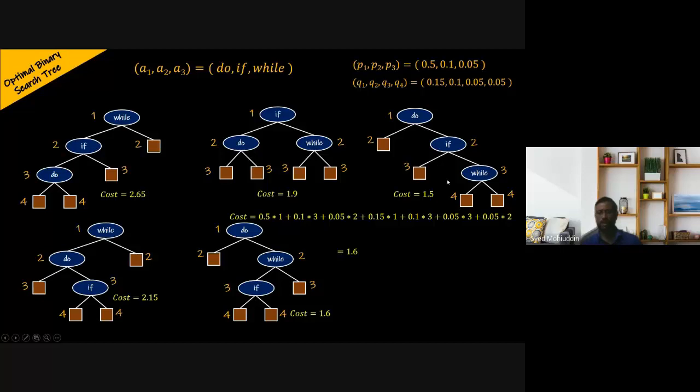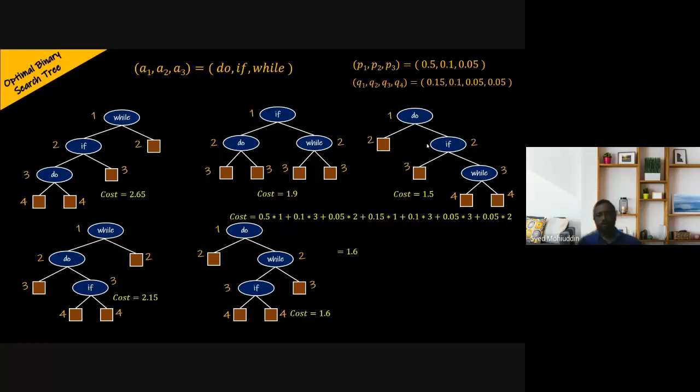This tree has got the minimum cost, that is 1.5. So this tree is going to be the optimal binary search tree for these 3 elements and their respective probabilities. When the probabilities change for the same nodes, you may get a different structure of the optimal binary search tree.